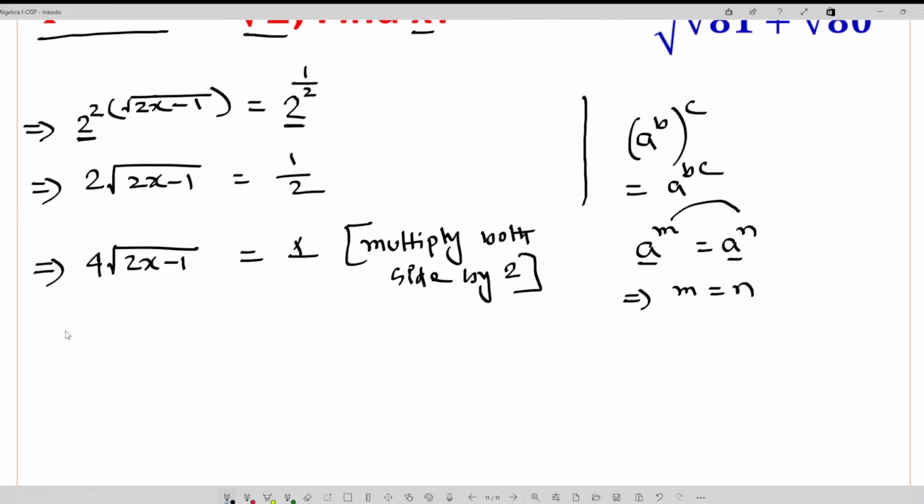Now we can square both sides. So once we square both sides, this 4 will be 16 and this root will be out. So 2x minus 1 equals to 1.